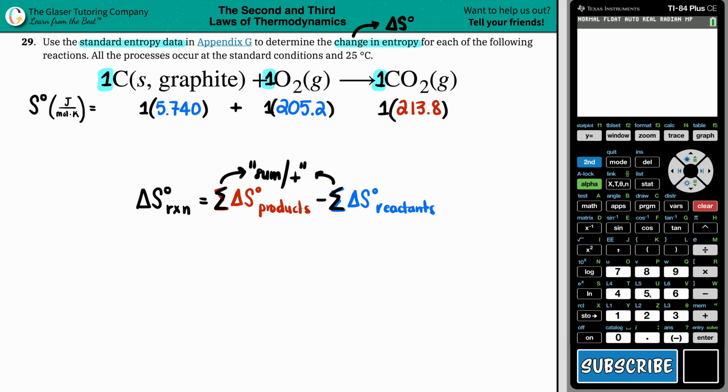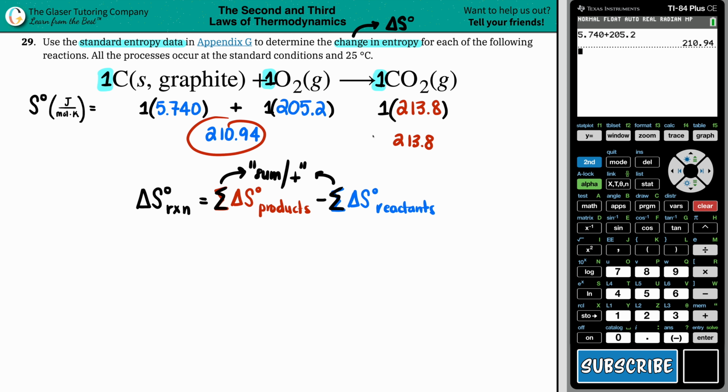So we have 5.740 plus 205.2. Looks good to me. So the reactant side has 210.94. And the product side, since it's just the same, that's going to be 213.8.